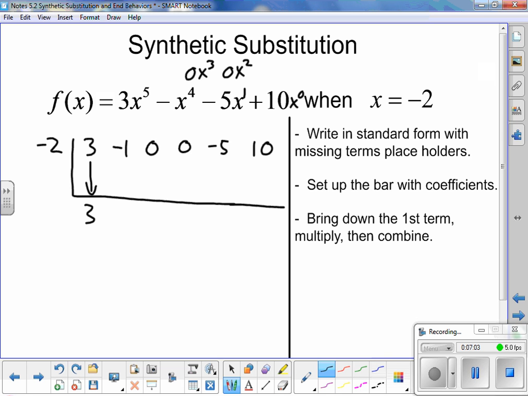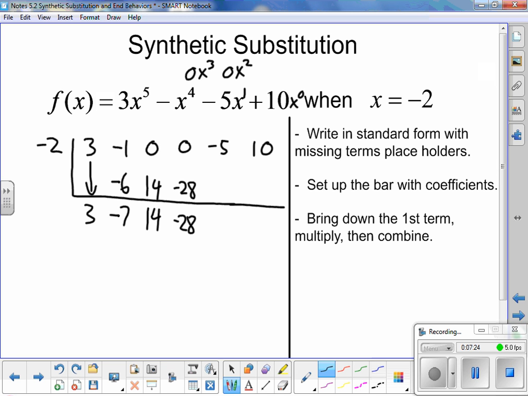Now you're going to multiply. Negative 2 times the 3 is a negative 6. Then you combine, you get a negative 7. Now you multiply again. Negative 2 times negative 7 is a positive 14. Combine 0 with a 14 and you get a 14. Negative 2 times 14 is negative 28. Combine, you get a negative 28.